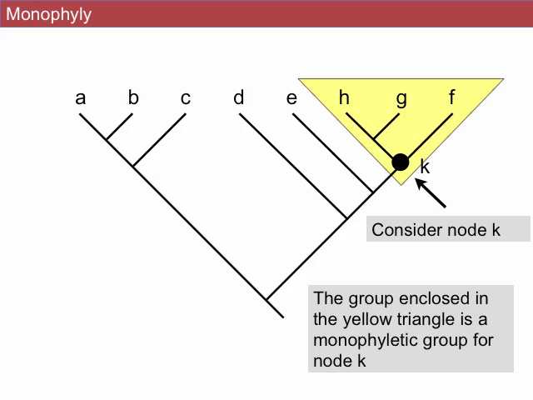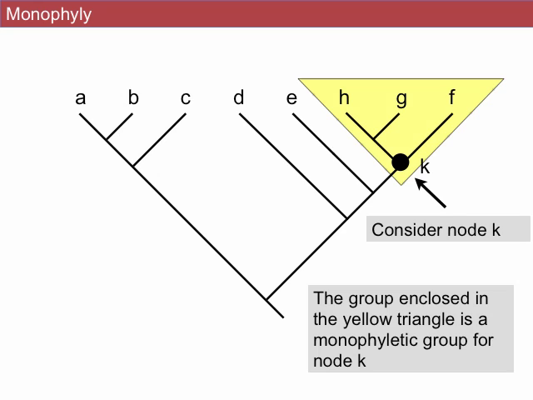The monophyletic group that I have labeled there in yellow is the one that includes node K. So it's node K and all of the descendants of node K and nothing else. That is a monophyletic group. So in the HIV-SIV example, the two HIV strains are not a monophyletic group with each other. I'll come back to that in a minute.